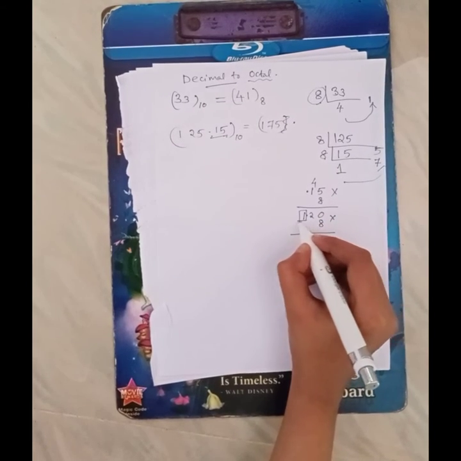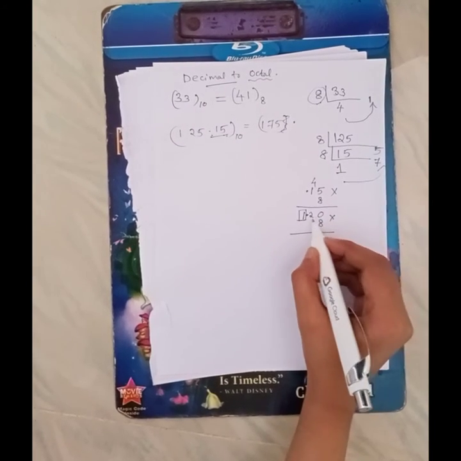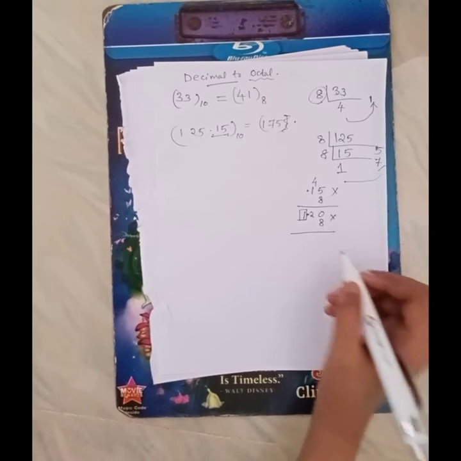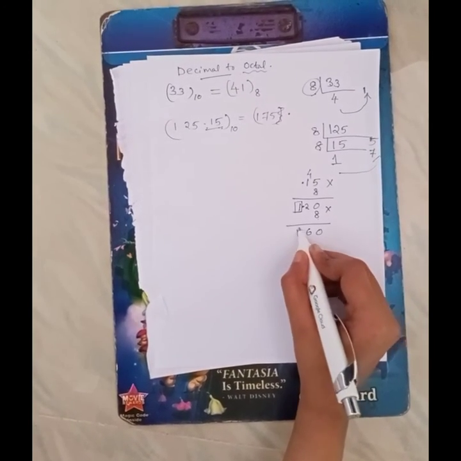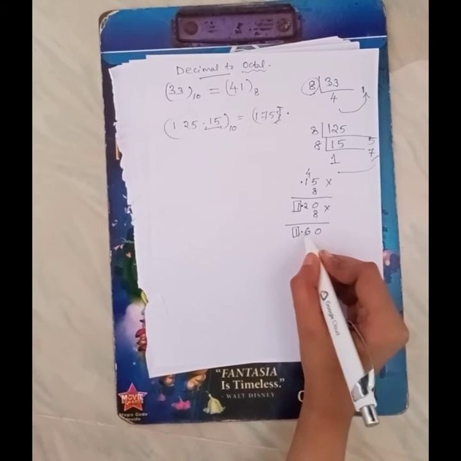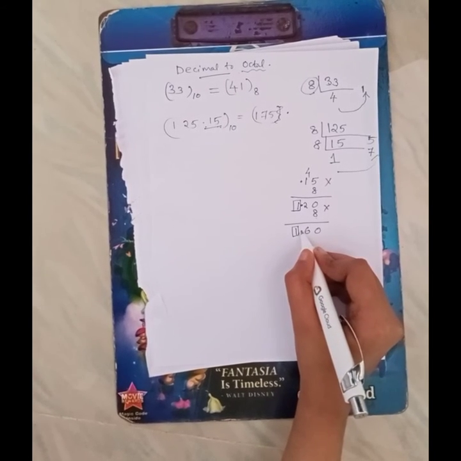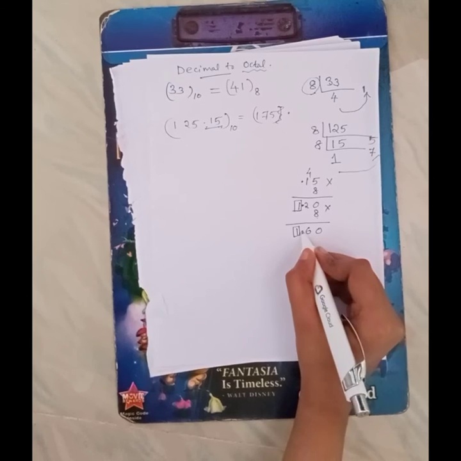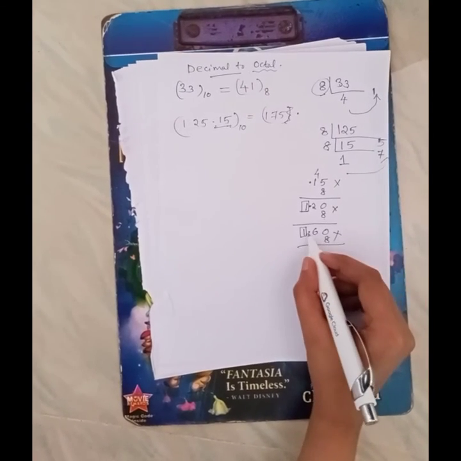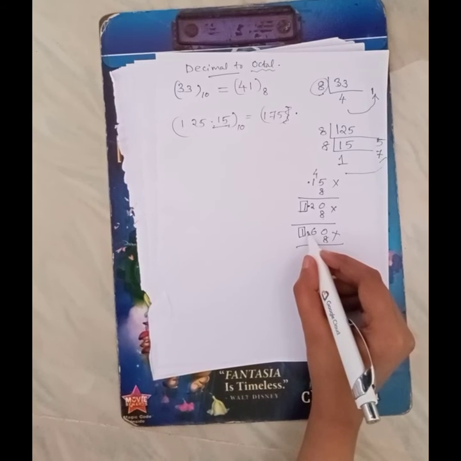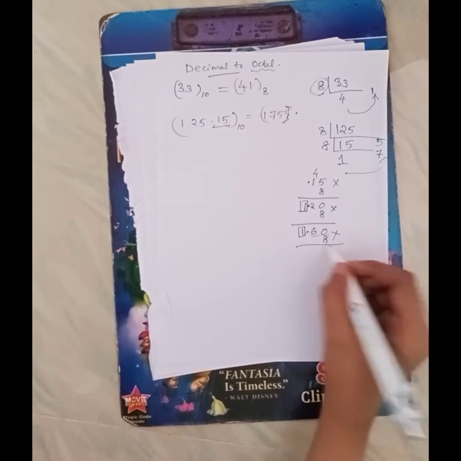Take it outside and again multiply this 0.20 with 8. Take all the values that come before this point out and multiply only the numbers that come after this point with 8.